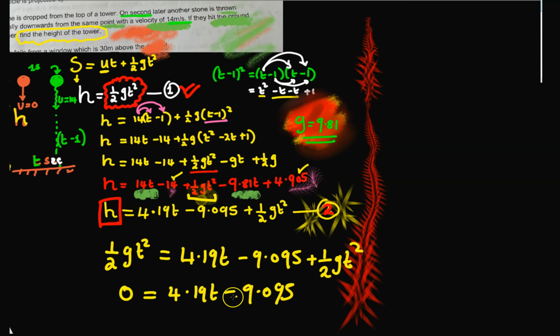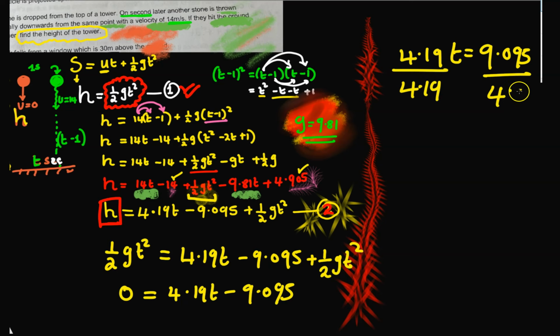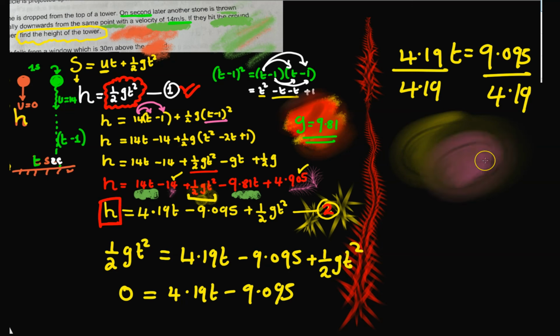So we can now solve one unknown, and this becomes 4.19t equals 9.095. We divide by 4.19, and that is going to enable us get the value of t, which is going to be of great help to us.